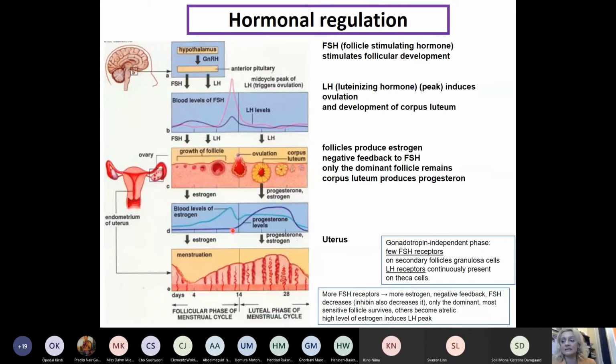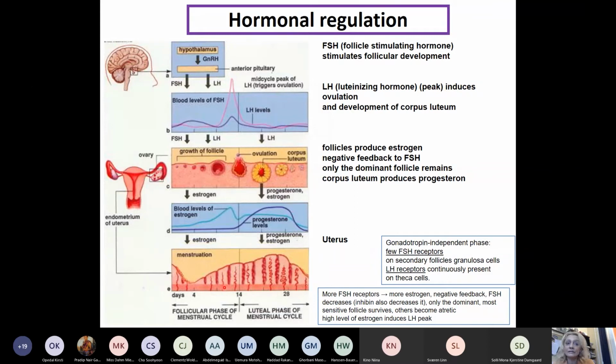Progesterone, on the other hand, is only produced in significant amounts during the 2nd half by the corpus luteum. You can see in the 1st half almost nothing, and in the 2nd half it is produced in increasing amounts. And these 2, estrogen and progesterone, will affect the uterus. Next lecture, I will talk about this in detail.